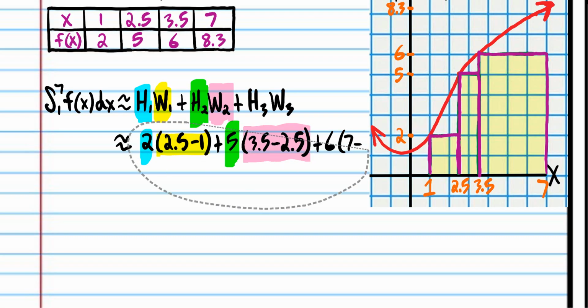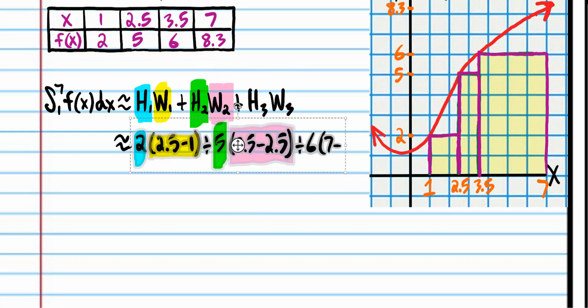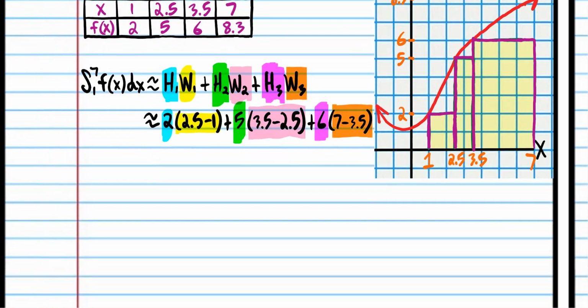So I'm going to find some more room here. 7 minus 3.5. So let's get some different colors here. We have the height of the third rectangle, and then we're multiplying by the width of the third rectangle. So there you go, that's all this is. As you can see, it's really easy.